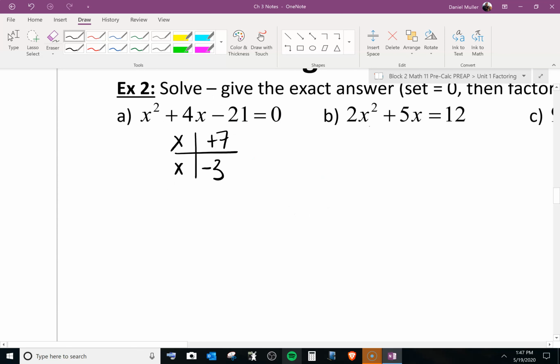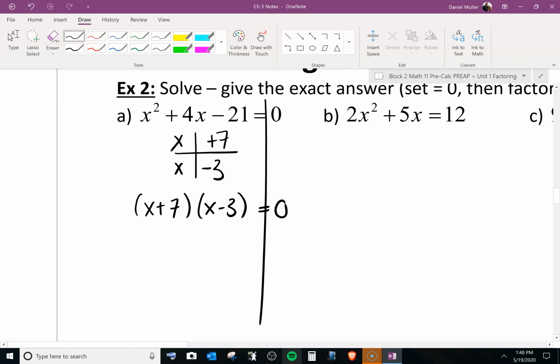So remember, that's just me factoring. So I've got an x plus a 7, and I have an x minus a 3, and there's an equal sign, equals 0. And this is the part where we're using that timesing rule. So we're saying if this left side is 0, 0 times anything will be 0.